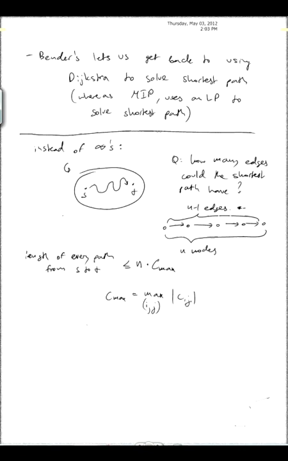So the only thing that's getting said over here is the following. A path has to have at most n minus 1 edges. So its total length has to be less than or equal to n times Cmax. And in fact, it has to be strictly less than n times Cmax.